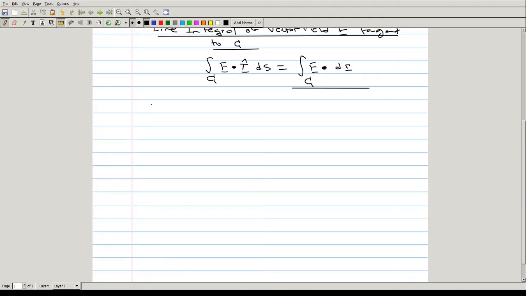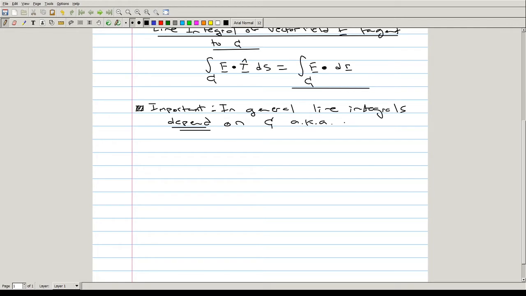So all of these line integrals, in general, and this is an important point, depend on C. The way of writing this is that they are path dependent.